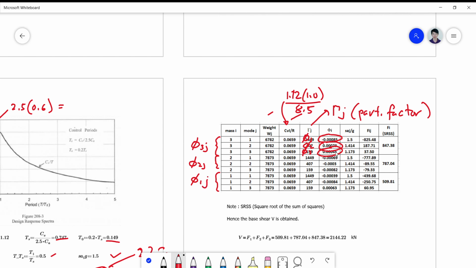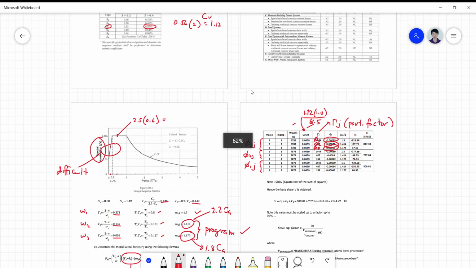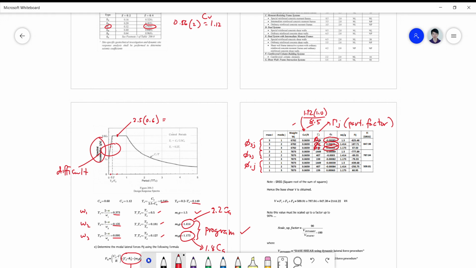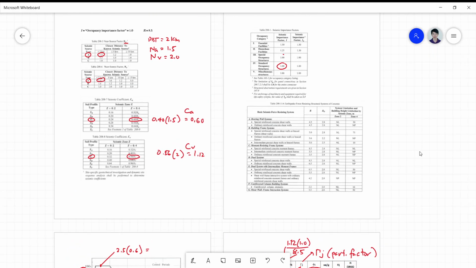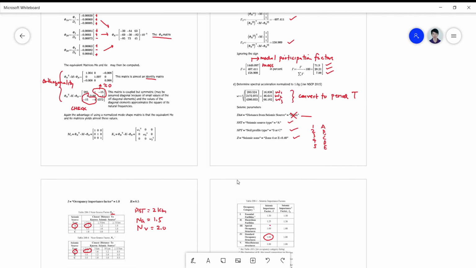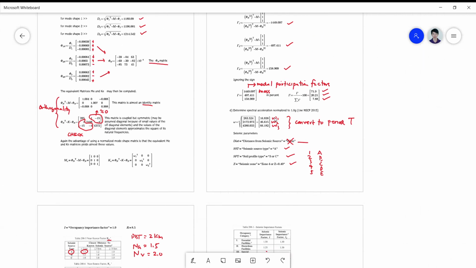Okay, so let's look into the phis here. Gamma.